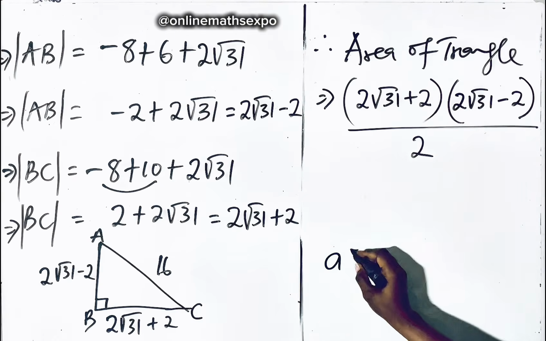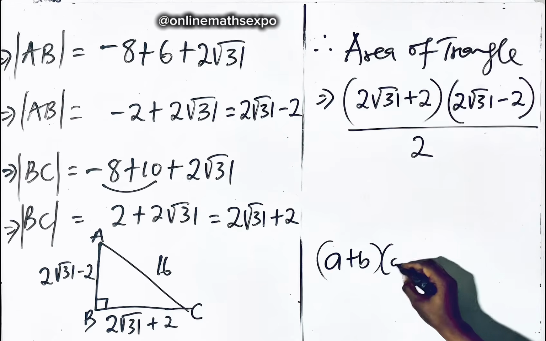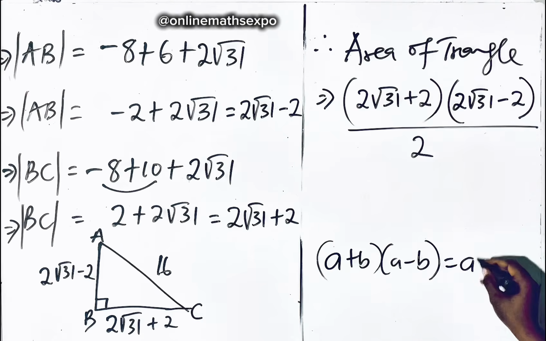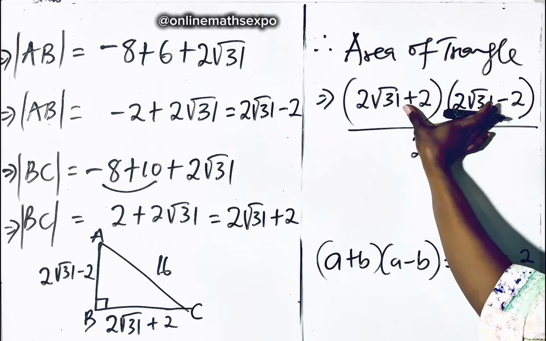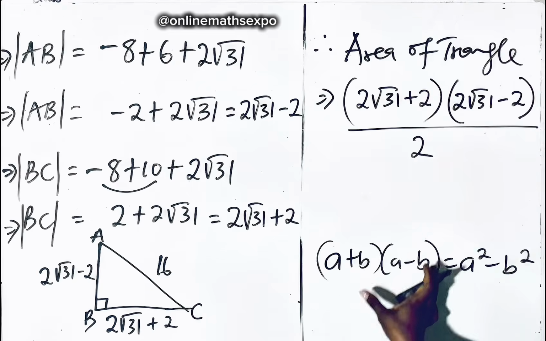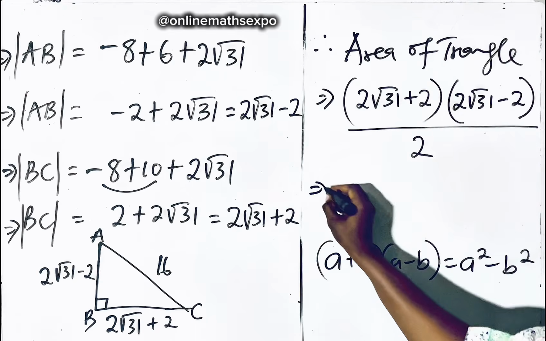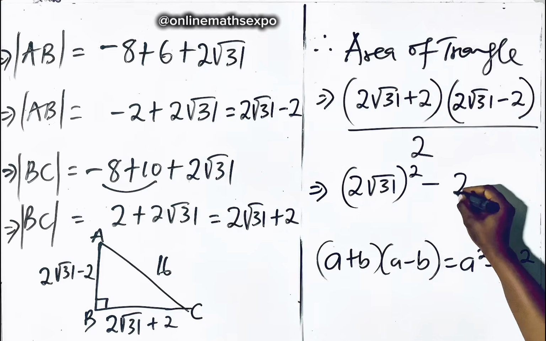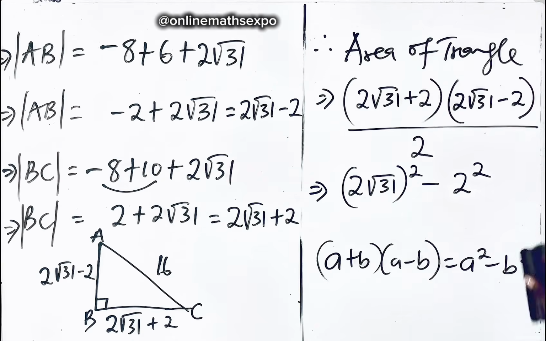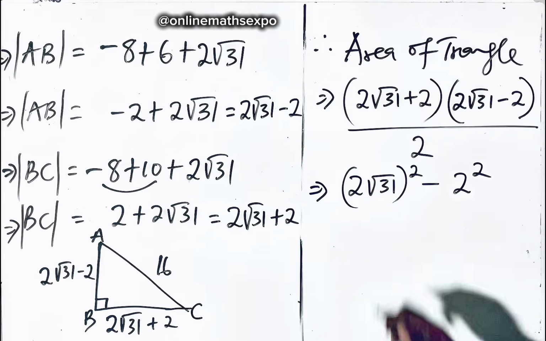Just remember, A plus B into A minus B is the same as A squared minus B squared. This is your difference of two squares. And if you look at this, you see that this is of this form. So quickly, it means that this is going to be 2 root 31 squared minus 2 squared. Keep solving. Remember, you divide by 2.